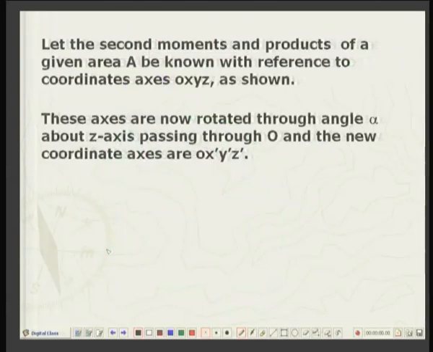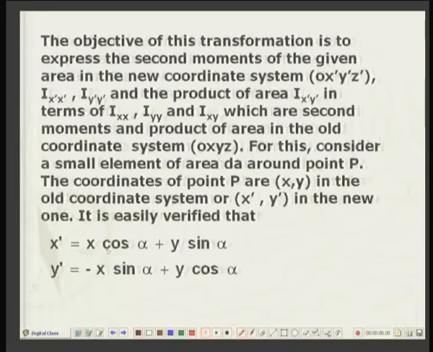The answer to this question is yes. In order to obtain such a correlation, let's look at the new coordinates x dash and y dash.